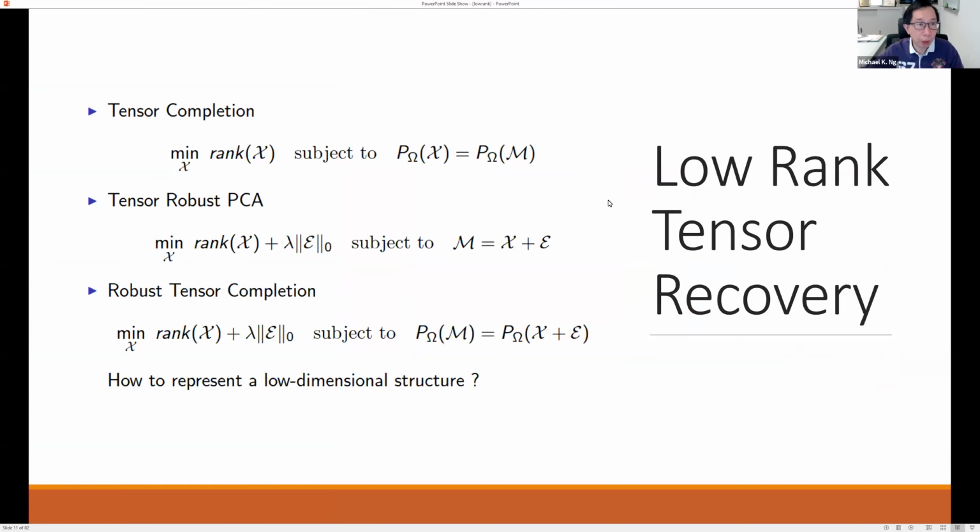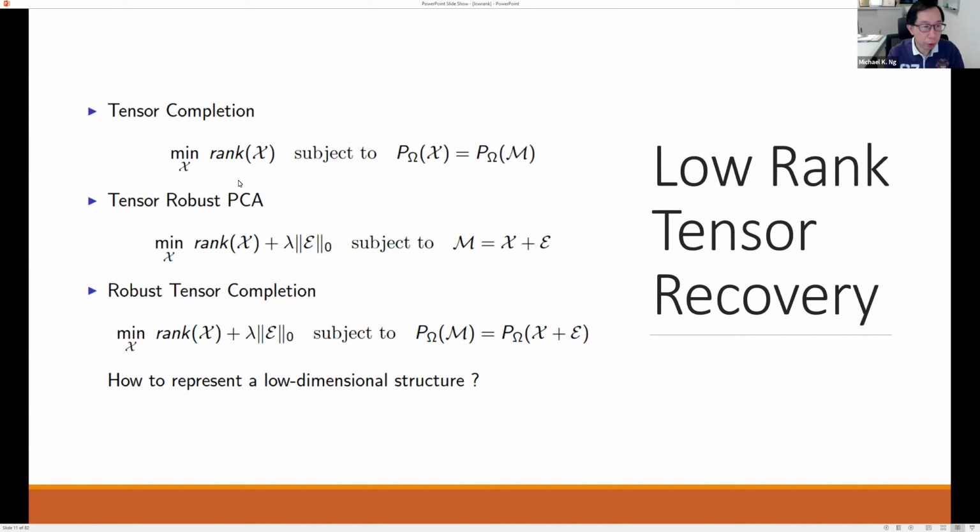Mathematically, we can formulate it as a so-called completion, robust PCA, or even robust tensor completion problem. Basically, there are some given entries in the tensor, and you want to recover it based on the so-called rank, just like in the image case, because you expect an image to be low rank. So for a tensor, it will be the so-called low-rank tensor. And of course, if you have some noise, you can use a sparsity term to describe the noise.